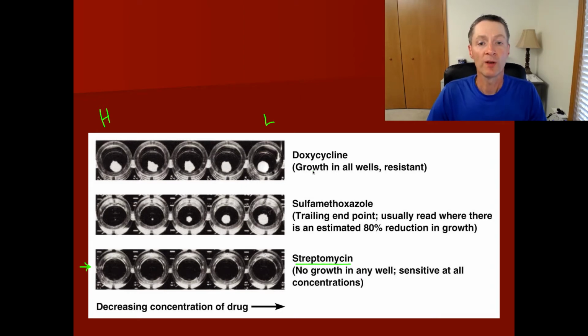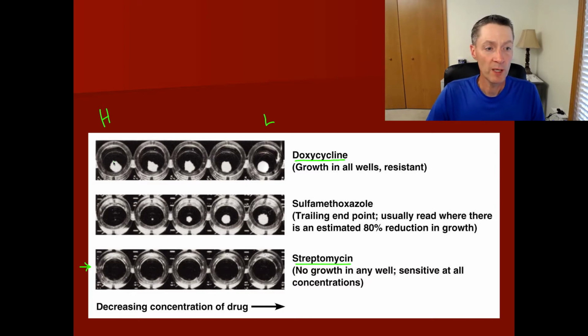Now let's look at what doxycycline does, right? We prepare the vessels the same, put broth in each, add doxycycline, high concentrations on the left, low concentrations as we go across. And we inoculate with E. coli, come back a day later, see what happened.